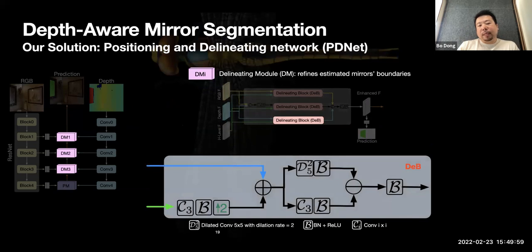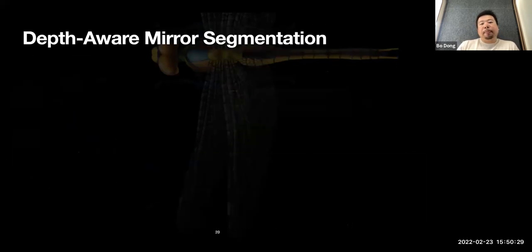The only difference is that we ignore the global feature vector, because the DM, or delineating module, mainly focuses on refining boundaries, for which we can mainly leverage the surrounding area and the local area. We don't need to know the global area. That's why, compared to the discontinuity perception module, we ignore the global branch. So basically that's the idea of this decoder and the basic idea of PDNet.